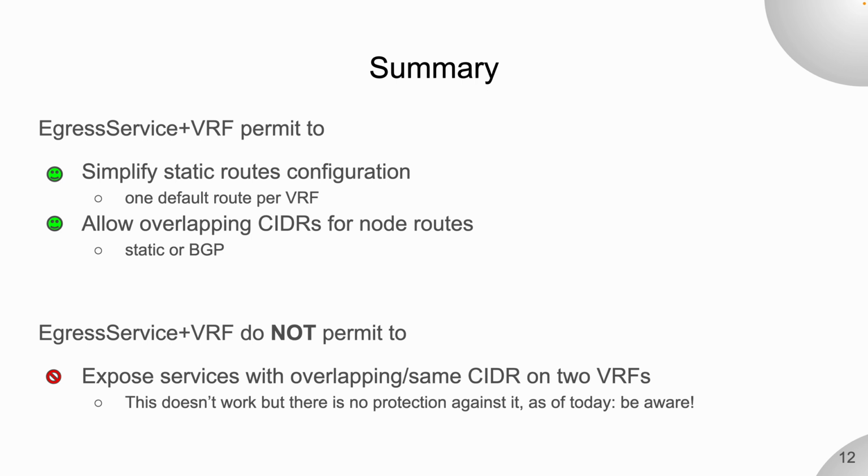You choose per VLAN, per VRF, if you want to go static or BGP. And EgressService+VRF do not permit to expose services with overlapping CIDR onto different VRFs. It doesn't work. There is no protection against it, so just be aware. Don't do it. You have been warned.